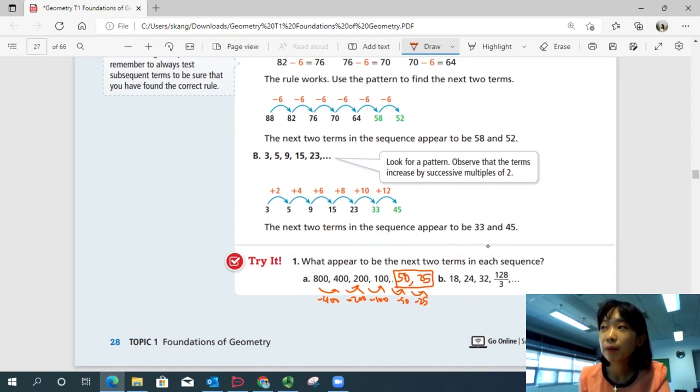Check your answers. And part B, 18, 24, 32, 128 divided by 3. So did you get the hint? It's increasing by what? By a fraction. So in order to figure out the rational number, you can use the ratio between the two terms. 24 over 18 would be the ratio that increased by, right?